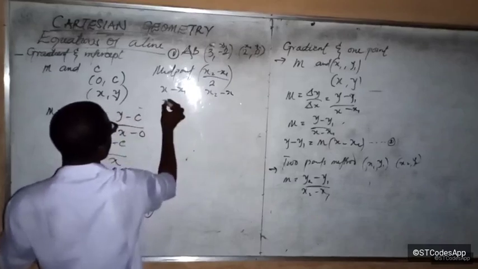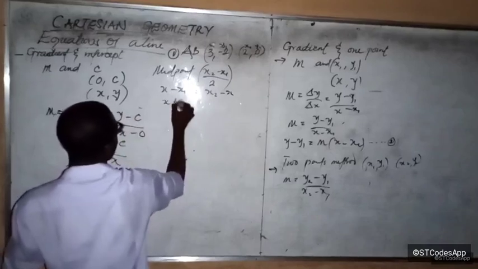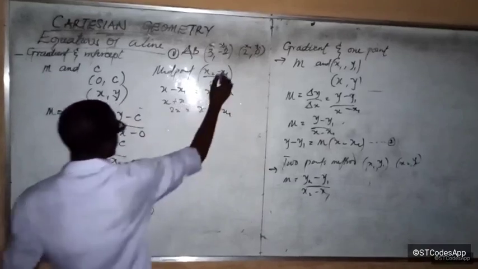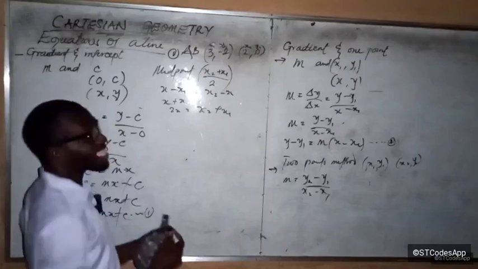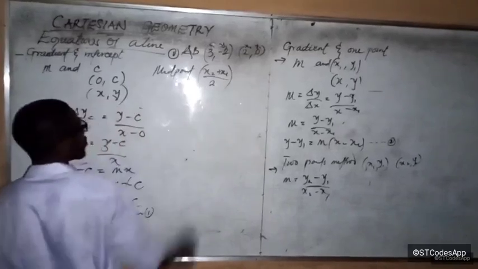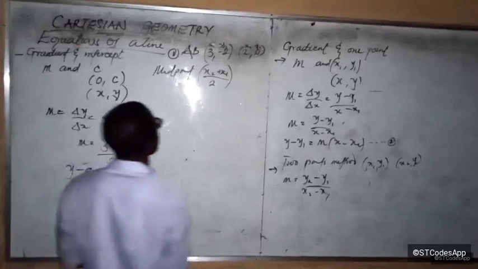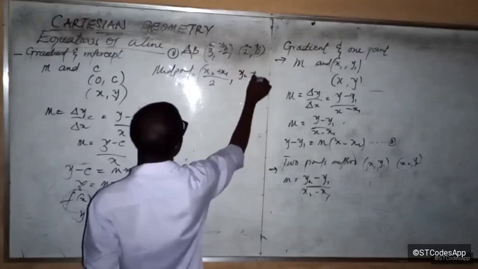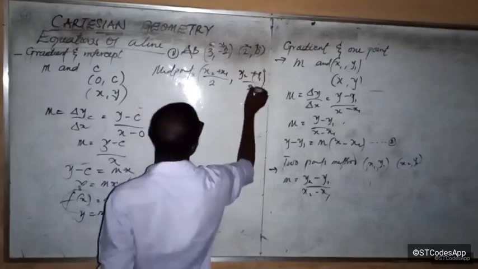And we said that x plus x is 2x is equal to x2 plus x1, right? So you see, you can easily forget the formula if you don't know where the equation comes from. So you should know where it is coming from. So it means that our midpoint is equal to this, comma, y2 plus y1 over 2.